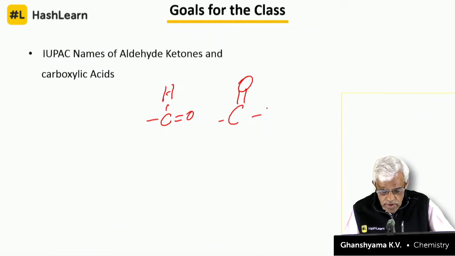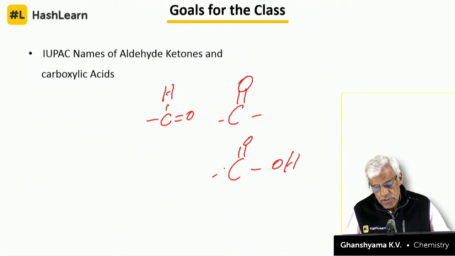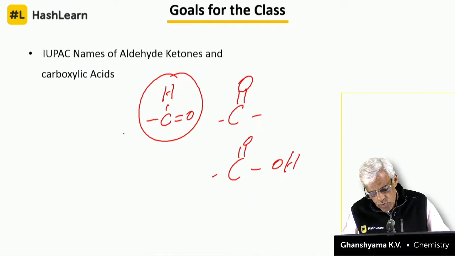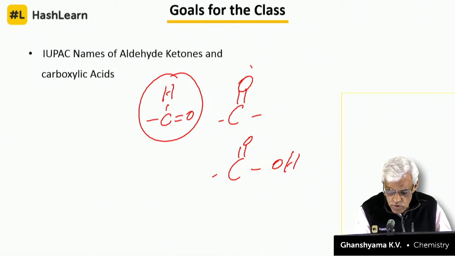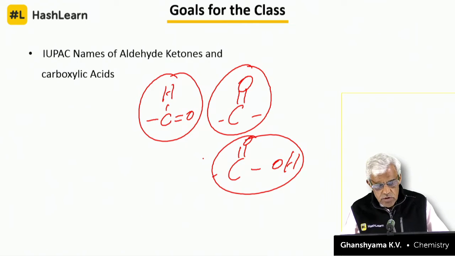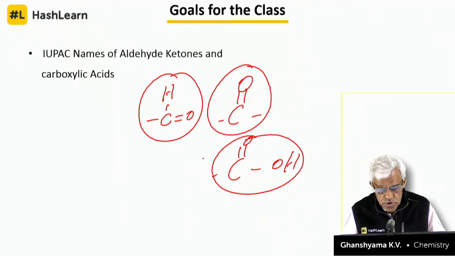The CO group is ketone, and COOH is the carboxylic acid group. So those which contain the CHO group are called aldehydes, those which contain the CO group are called ketones, those which contain the COOH group are called carboxylic acids.